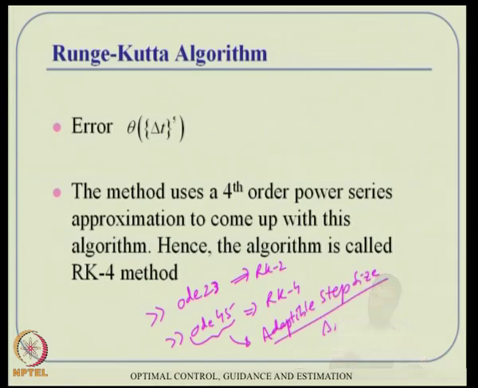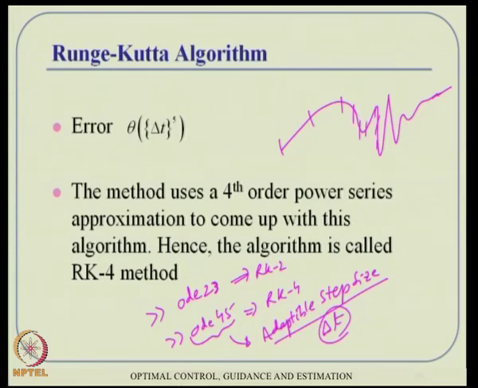That means your delta t does not necessarily remain constant, and it is adapted. Suppose you have a function something like this, where in one part the slopes are not changing that fast, but in this segment the slope is changing rapidly.